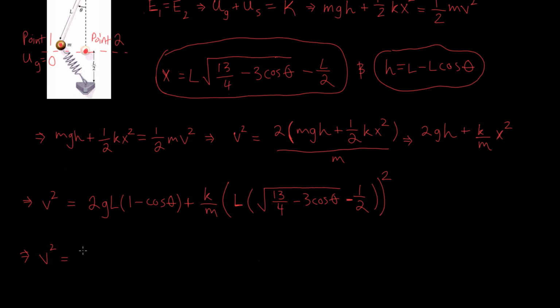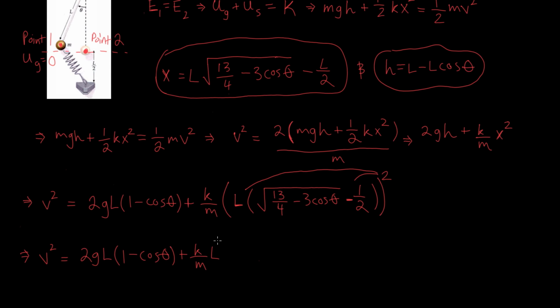So let's simplify our value for v squared. Let's distribute this square into each of the terms inside of the parentheses.